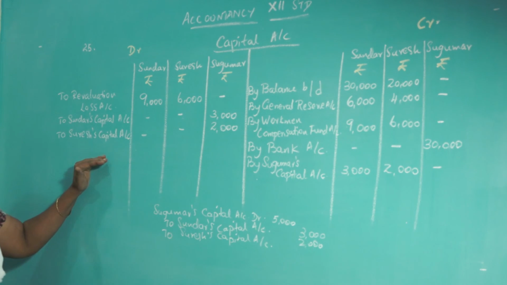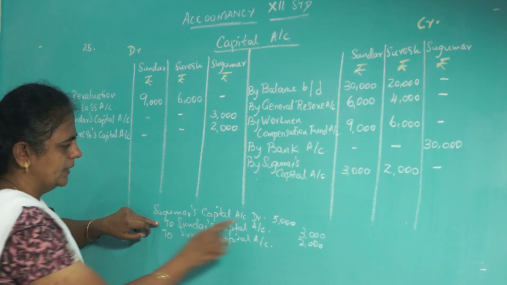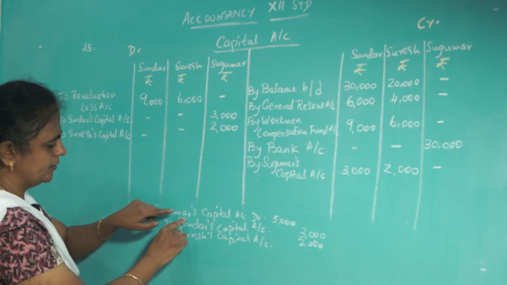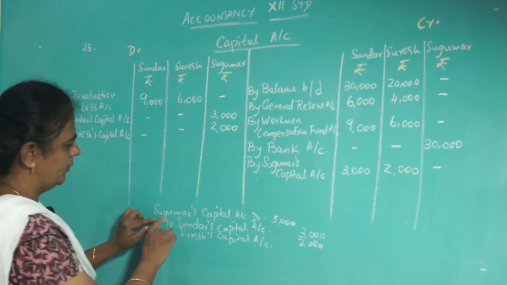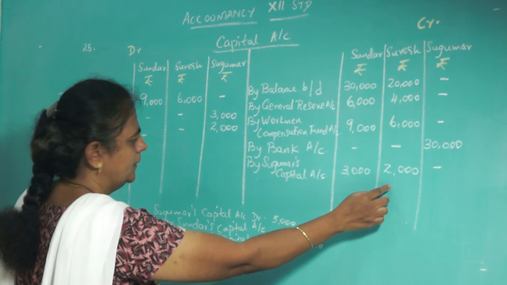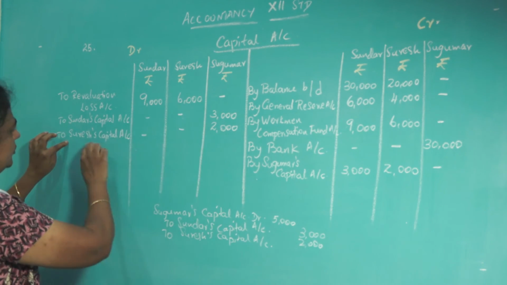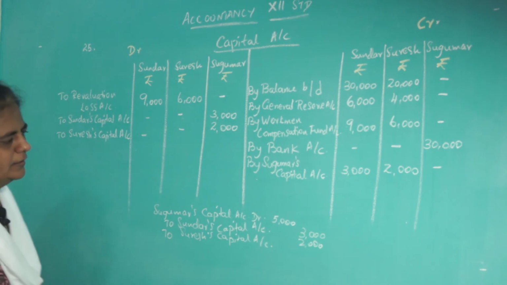Hope you understood. Sukumar's share of goodwill, total 5,000, he is not able to bring, so we are debiting Sukumar's capital and crediting the old partners. So here you write by Sukumar and put 3,000, 2,000. Then here write to Sundar and to Suresh and put the amount. Okay, that's all.